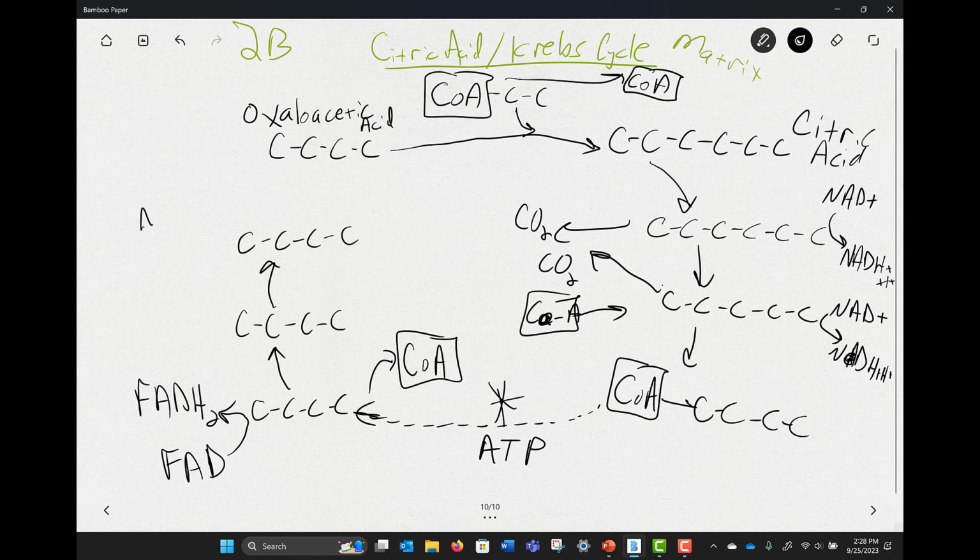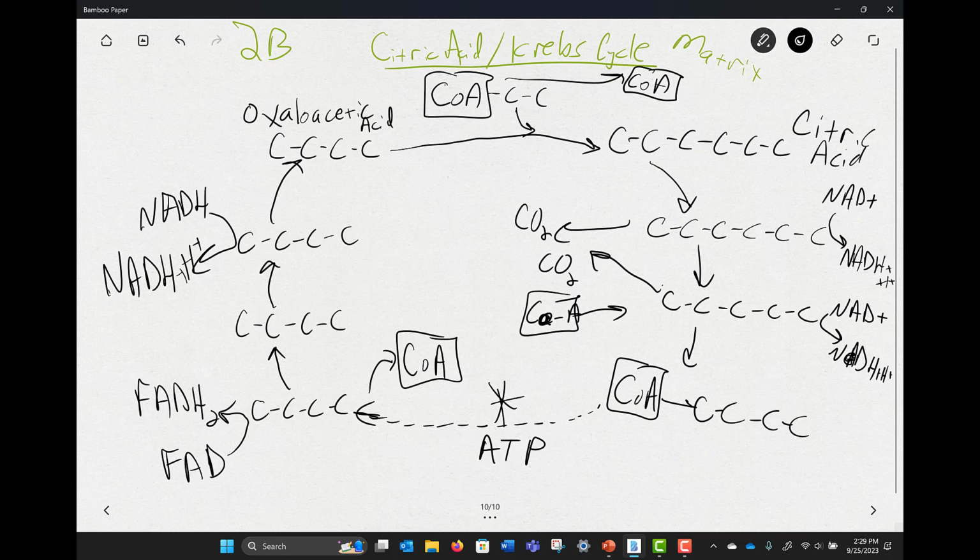An NADH comes along, leaves with some electrons and some protons as NADH plus H plus, and we are left with a molecule of oxaloacetic acid, who is now waiting for the next molecule of acetyl-CoA to come in, and we go through this process again.